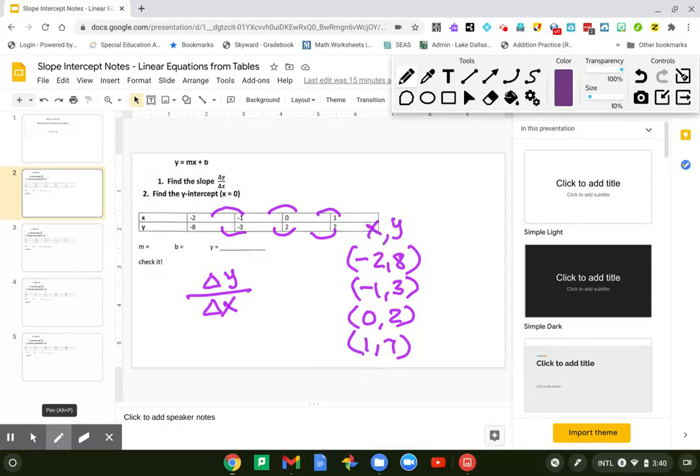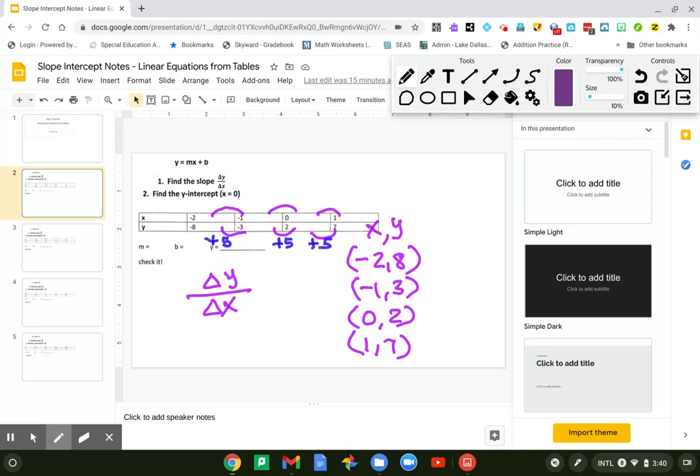All I want you to find out now is, what is my change in y? Change means what is the difference? Between -8 and -3, I am adding 5. I am adding 5 from -3 to 2, and I'm adding 5. So that's my constant rate of change.